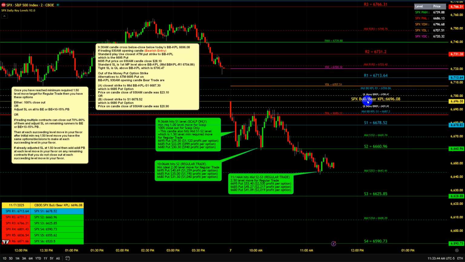The two different option strikes are determined by the direction that you're trading from the level that you're trading, and then it's determined by the midpoint level and the next main level. So in this case, since it's a bearish trade, the first midpoint level in the direction is 66.8730.